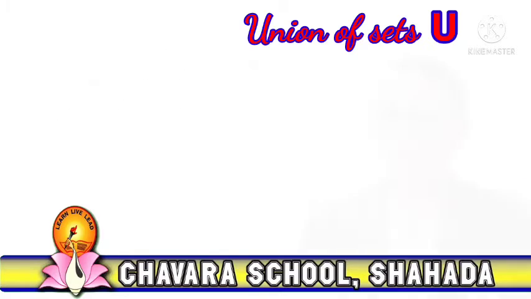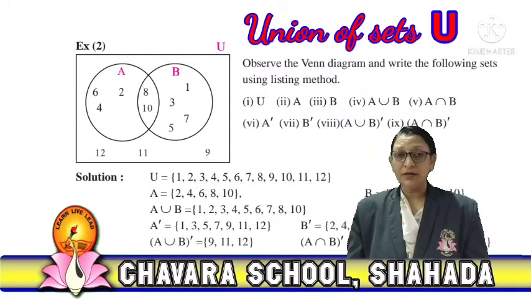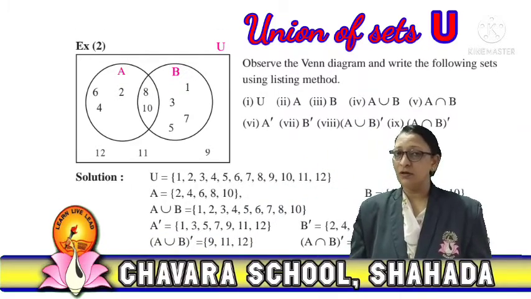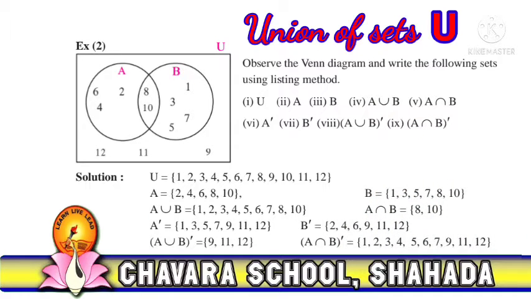Here is another example. Observe this Venn diagram. Write the different sets given here with the listing method. U is the universal set containing elements 1, 2, 3, 4, 5, 6, 7, 8, 9, 10, 11, 12. Set A is equal to {2, 4, 6, 8, 10}.